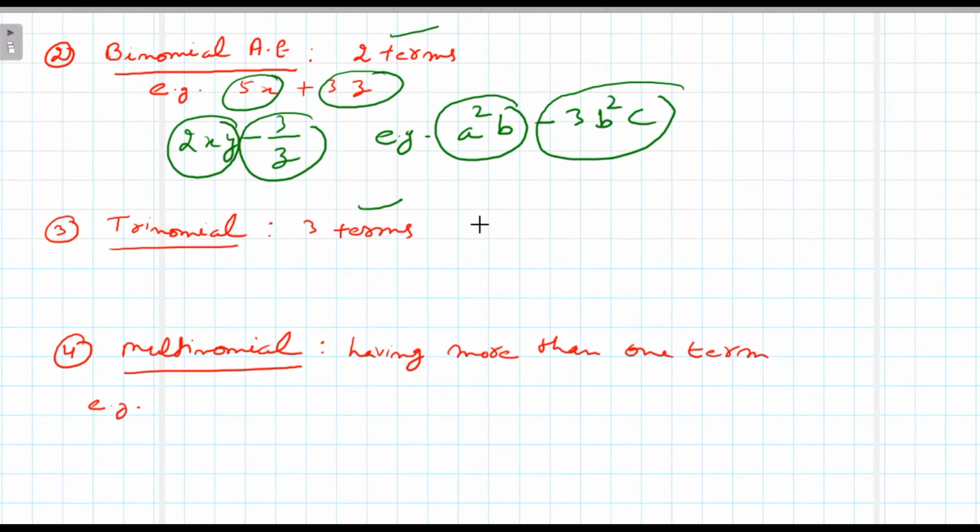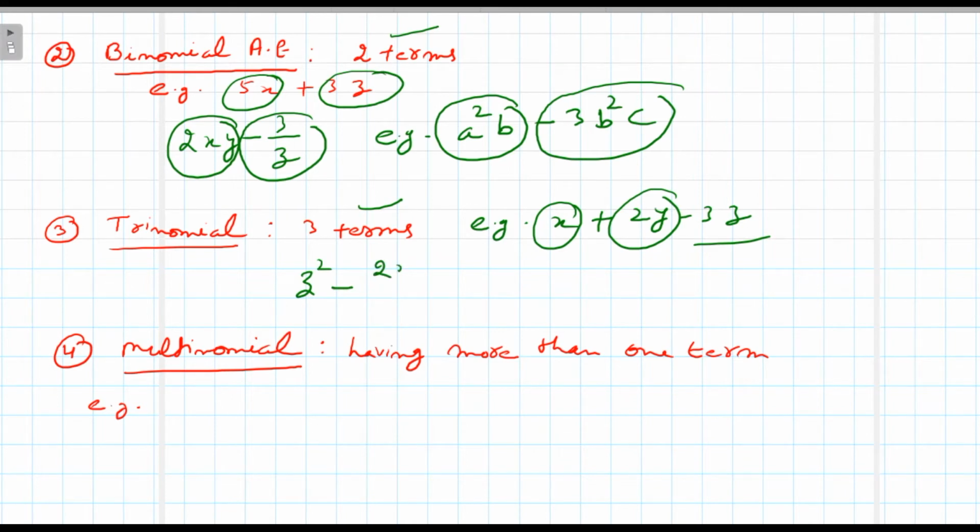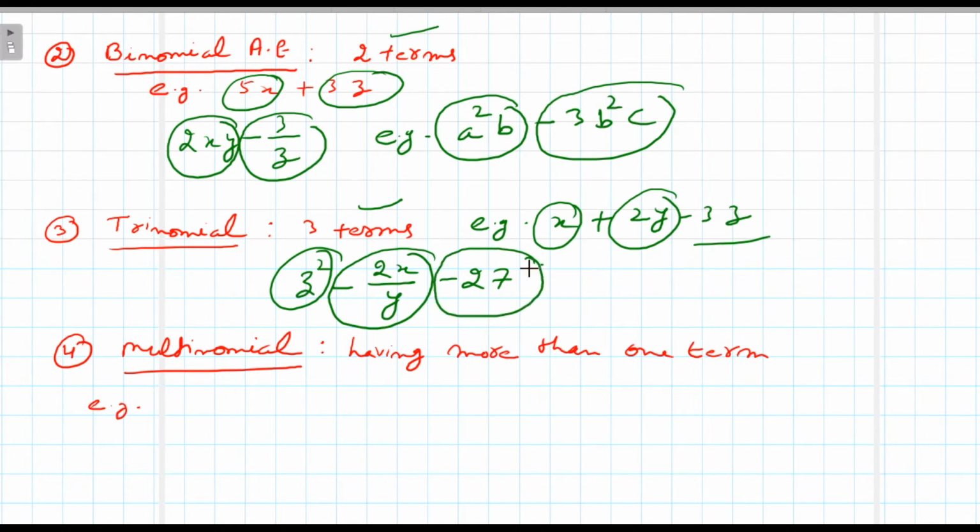These 3 terms are, for example, x plus 2y minus 3z. 3 terms, these are x, plus 2y and minus 3z. If I write z square minus 2x upon y minus 27, how many terms are there? 3 terms, z square, minus 2x upon y and minus 27.